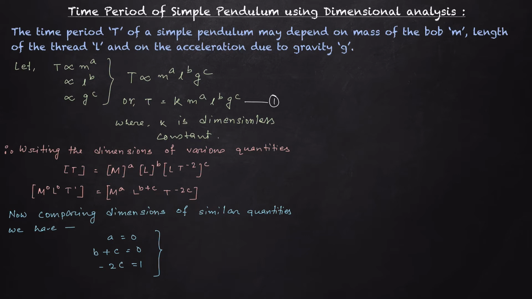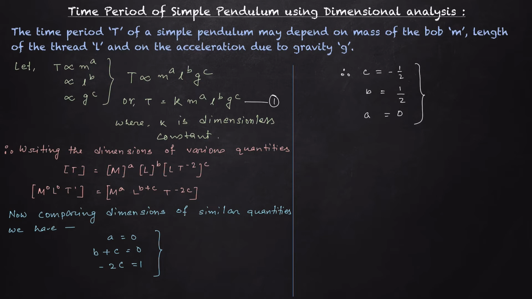So these are the three equations, and we need to solve them to find the three powers a, b, c. From the third equation, minus 2c equals 1, we get c equals minus half. If we put c in the second equation, then b equals minus c, which is minus of minus half. Therefore b equals half, and from the first equation we already have a equals 0.